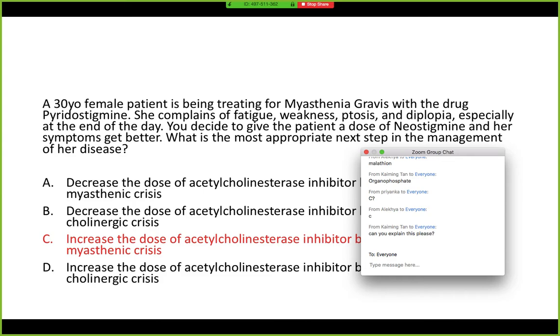You give her that dose and her symptoms improve. This means that she wasn't on a high enough dose of pyridostigmine and her disease is probably worsened. So now you need to increase the dose to increase the amount of acetylcholine present to treat her symptoms.